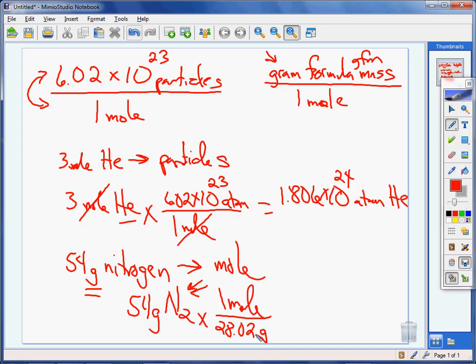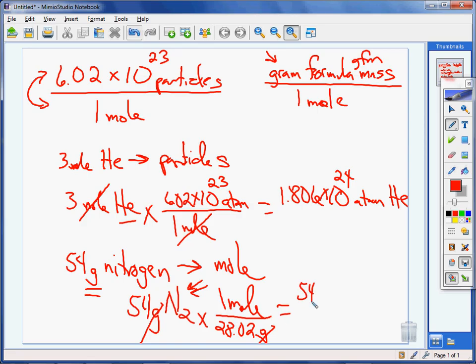What cancels out? Grams cancels out grams. Have we reached the units that we want? The problem is asking us for moles. Are we at moles? So what do we do now? We're going to multiply the top. So it's going to be 54 times 1. 54 what?